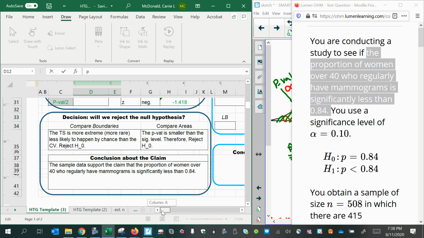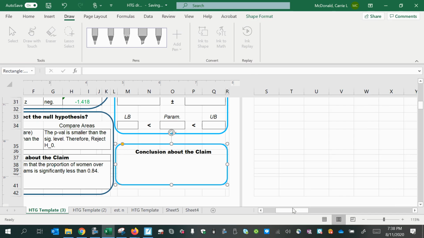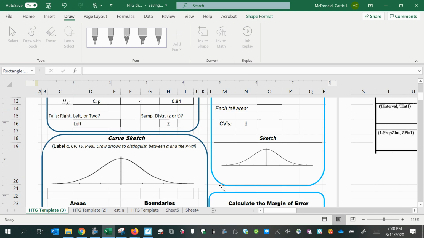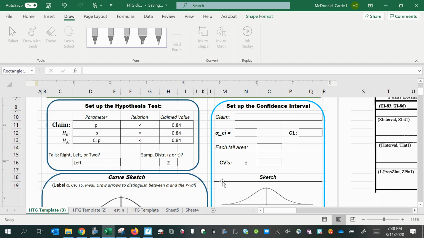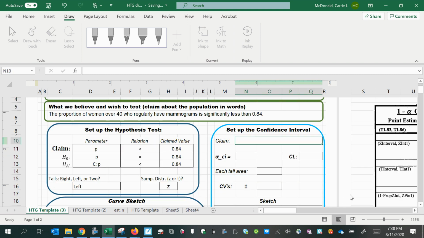Now sometimes you may also want to do a corresponding confidence interval. So we have another part of this page where we can do the confidence interval that would be suitable to match up with this hypothesis test. The claim in this case was that P is less than 0.84.